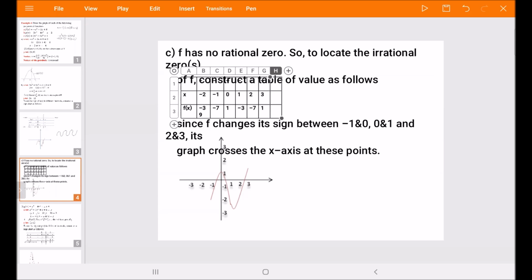Simply, we have to evaluate this polynomial between the integers from -2 up to 2. If there is a need, we may evaluate the polynomial at 3 and 4 and -3 and -4. It is rare, but most often, by evaluating the polynomial between -2 and 2, we can determine the irrational zeros of a polynomial.